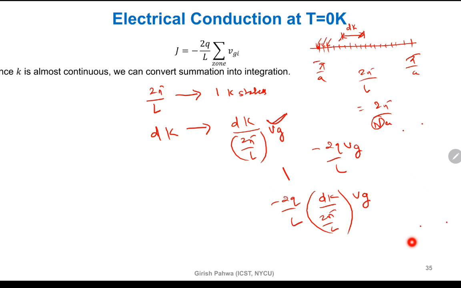Got it? Now what do you have to do? You will have to sum up all of these dk currents. And what do you get? You get an integration over the zone.